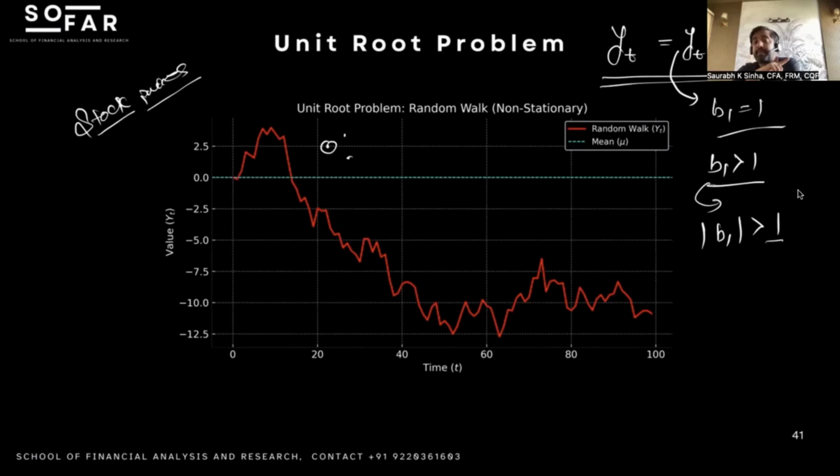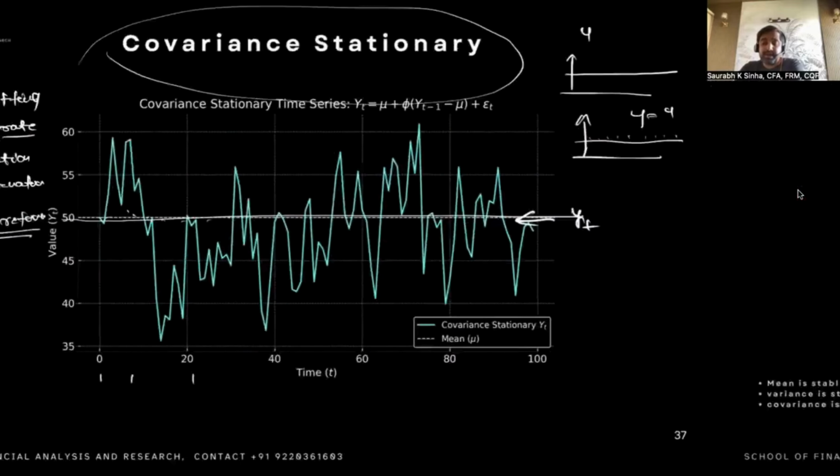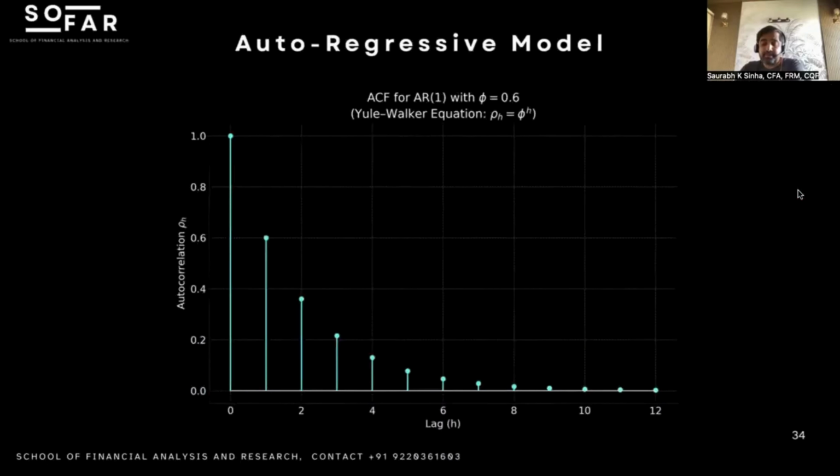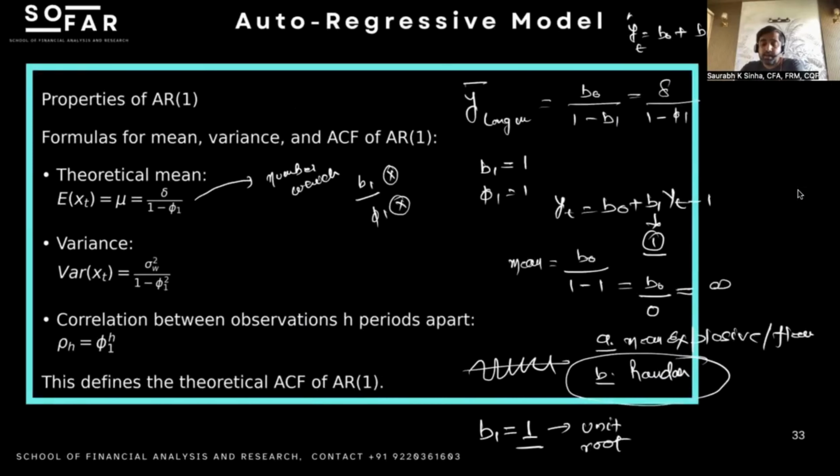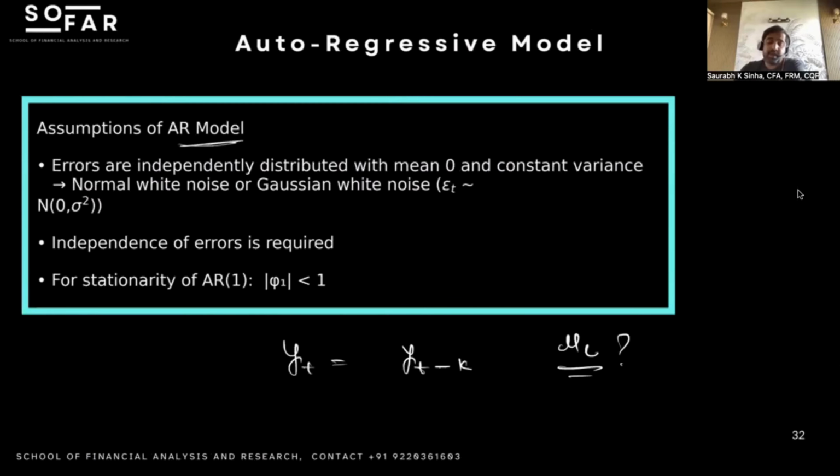Trend model. But when you find B1 is less than 1, not equal to, because equal to you cannot write, because if you write equal to, it means it is random. You can't predict anything about it. But if it is less than 1, it means that it is going to be mean reverting. So I don't know whether it has been written here or not. Yeah.